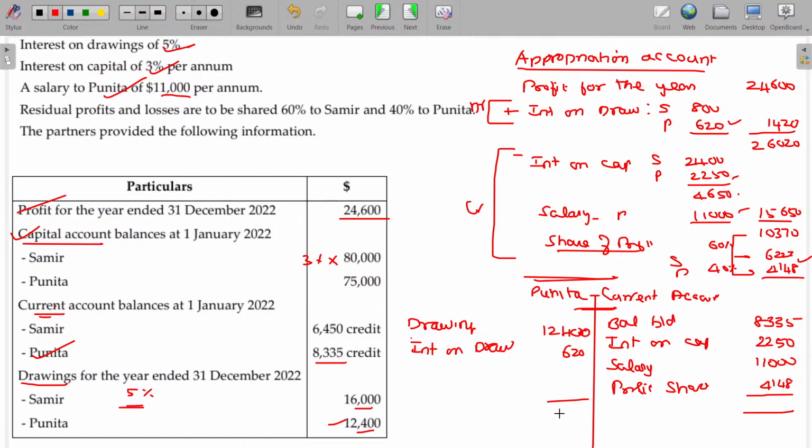Now tally and find out the balance. Total in the credit side 25,733. And balance carried down here 12,713. Rewrite here, balance brought down 12,730. Clear?